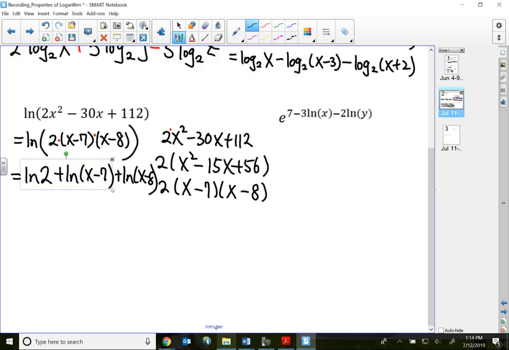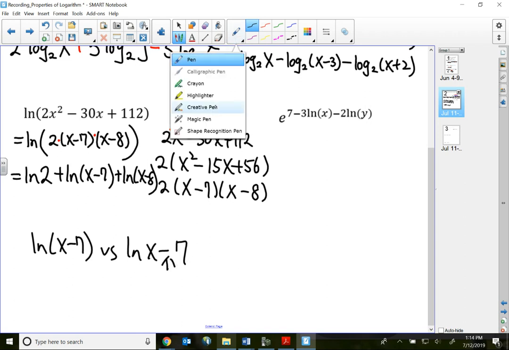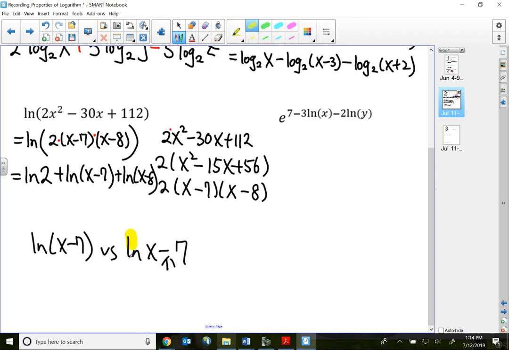All right, let me write this down real quick. Natural log of x minus 7, compare that to natural log of x, natural log of x minus 7 this way. Big difference between the two, because these two terms belong to a single logarithm. Here, I already started with two separate terms. So if it's two separate terms, that means only the x goes with the natural log, not the -7.